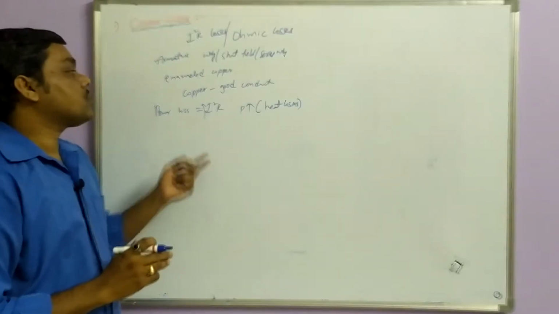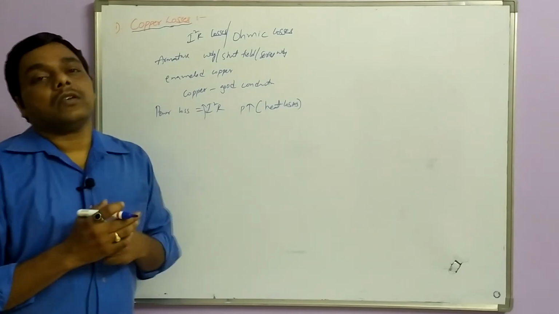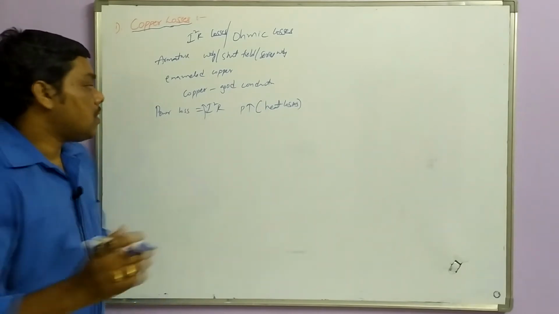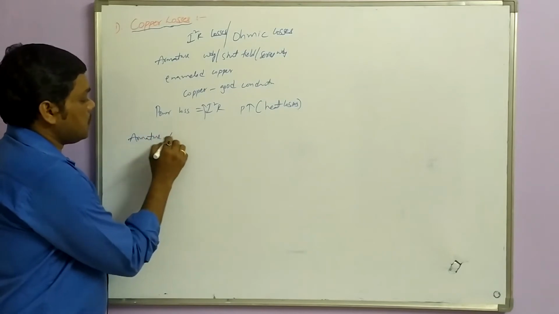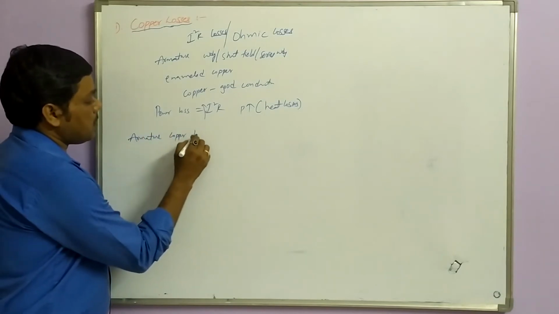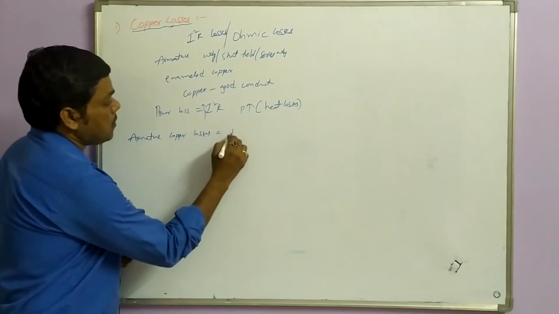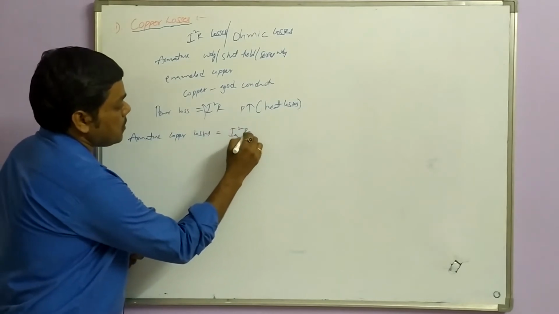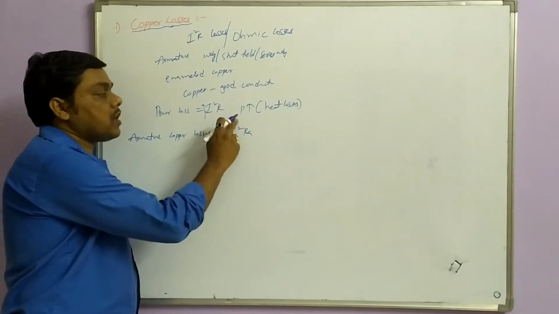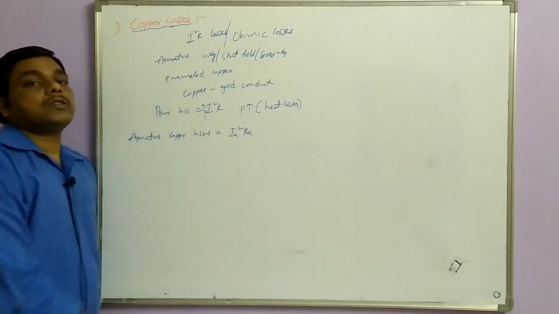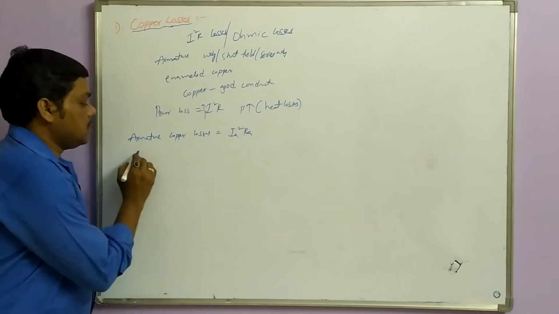Now the armature copper loss is equal to Ia square Ra: current flowing through the armature squared times the resistance of the armature.